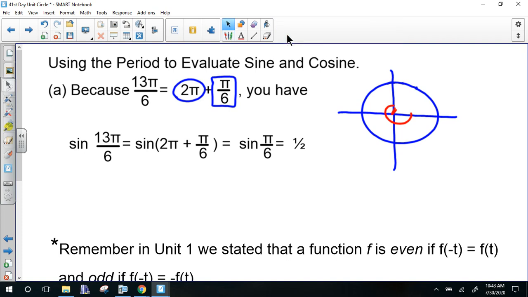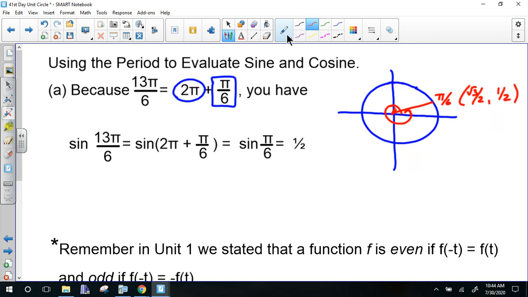Pi over 6 is at 30 degrees. And at that point, my x and y coordinate on the unit circle is that. So instead of trying to figure out sine of 13 pi over 6, I can just use sine of pi over 6 because I know it's at the same point. It's a reference angle. It's a coterminal angle. So sine of pi over 6 would be 1/2 for that one.